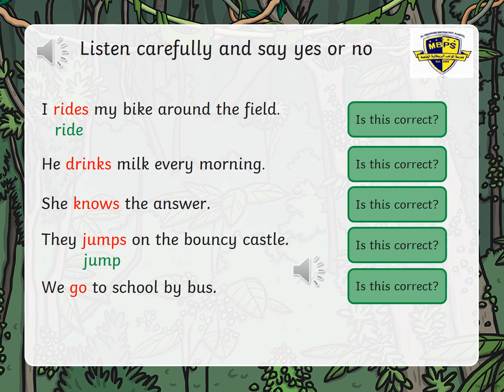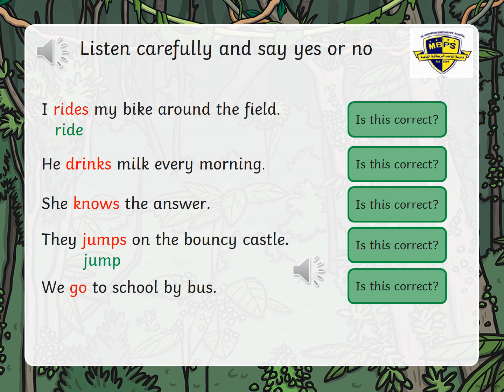Now, he drinks milk every morning. He drinks. We said he, she, and it. They like the verb with S. And he drinks. Is that correct? Yes or no? Yes, very good. Let's have a look at the next one. She knows the answer.